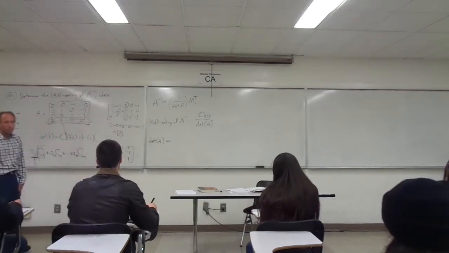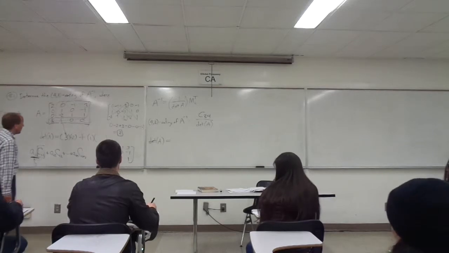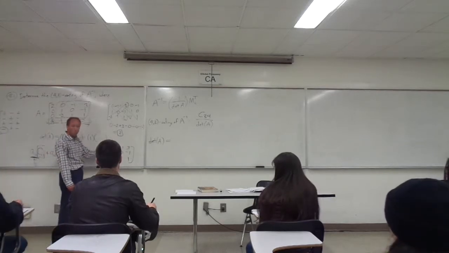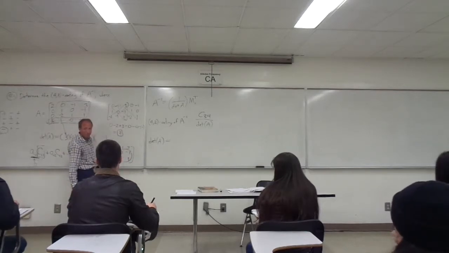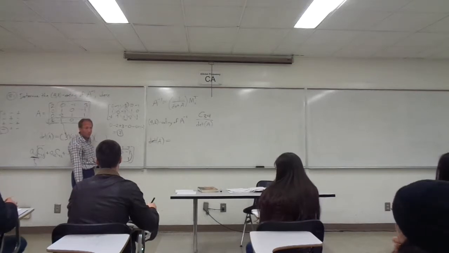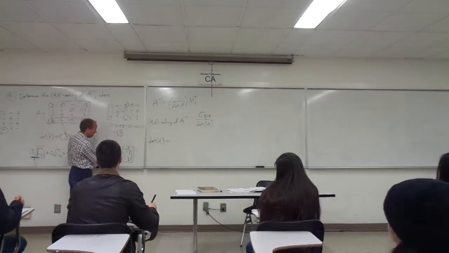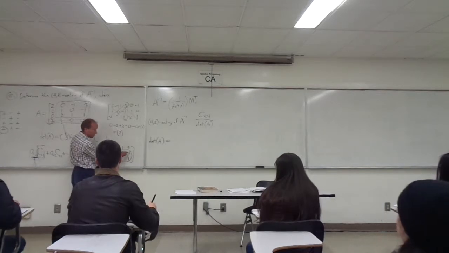What row or column looks good? First column looks beautiful, right? Because it's just 2 times this little 2 by 2 determinant. What's the value of this little 2 by 2 determinant? Positive 1, right? Because it's 0 minus -1. AD minus BC.